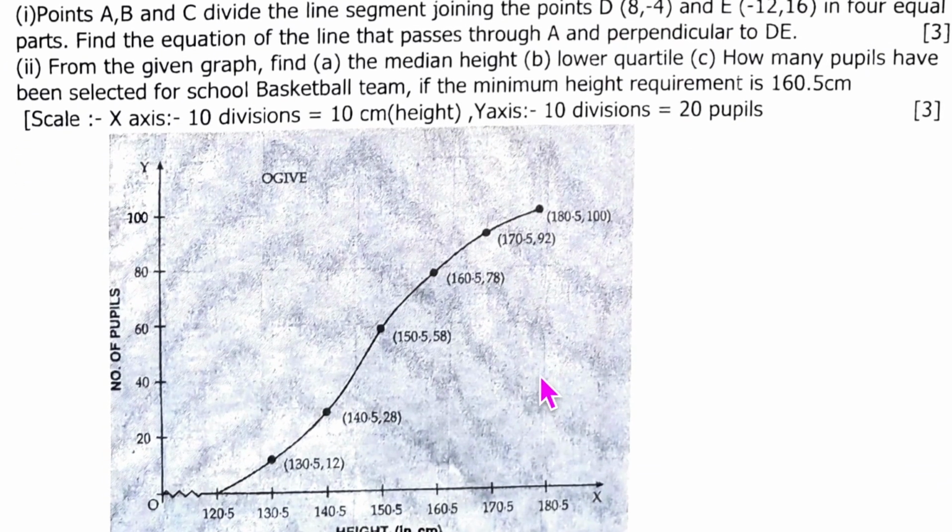Now this next question. Points A, B, C divide the line segment joining this and this into 4 equal parts.